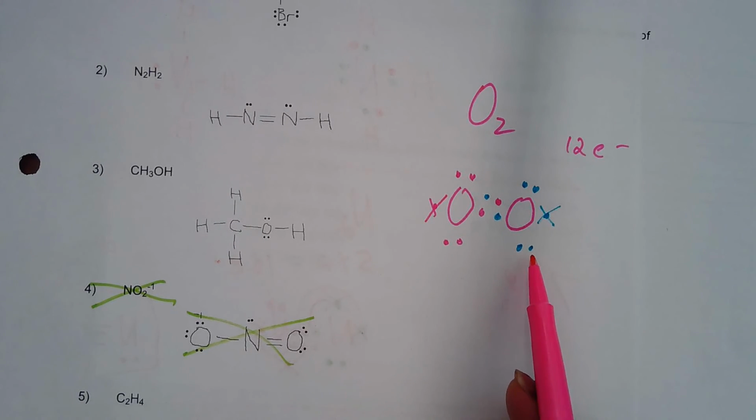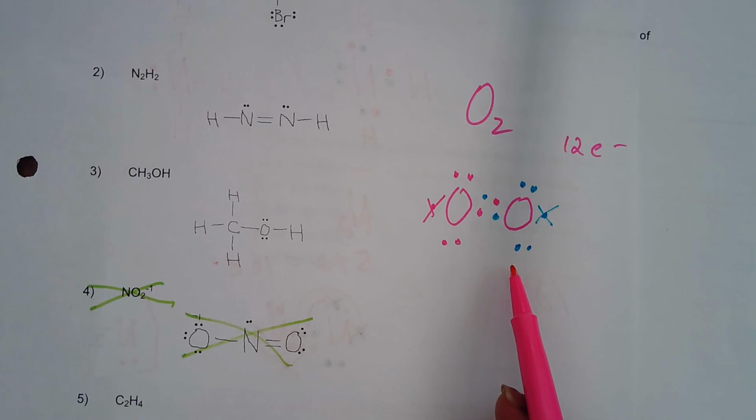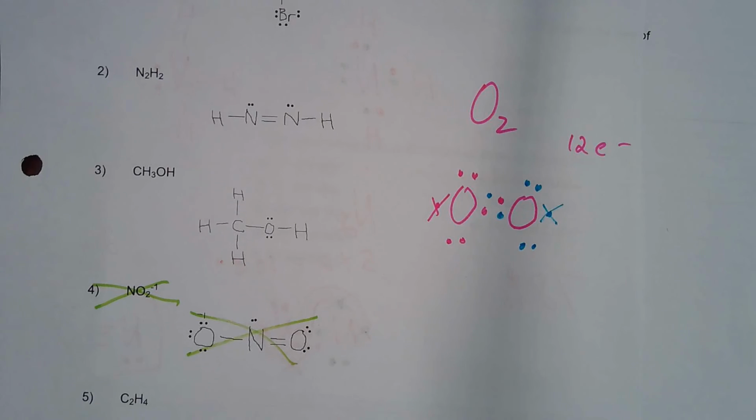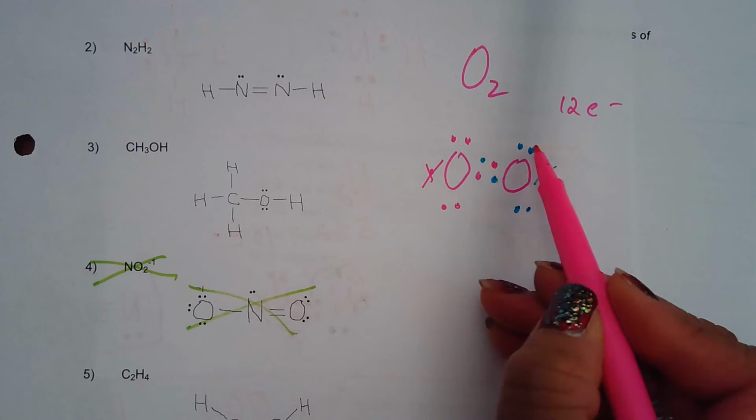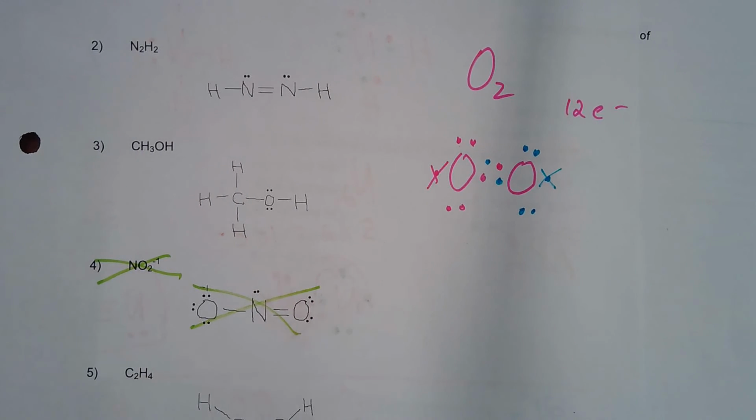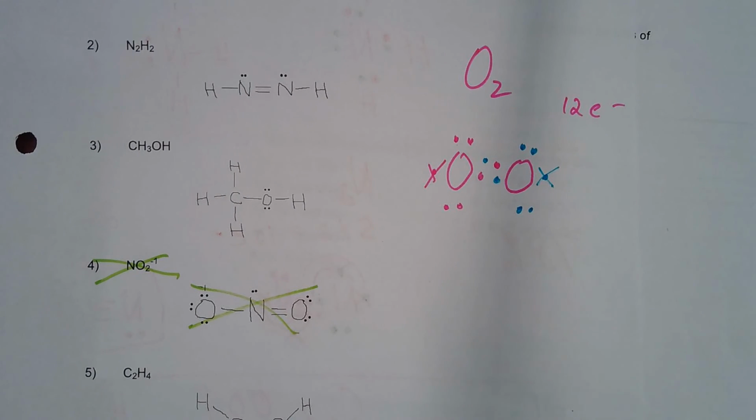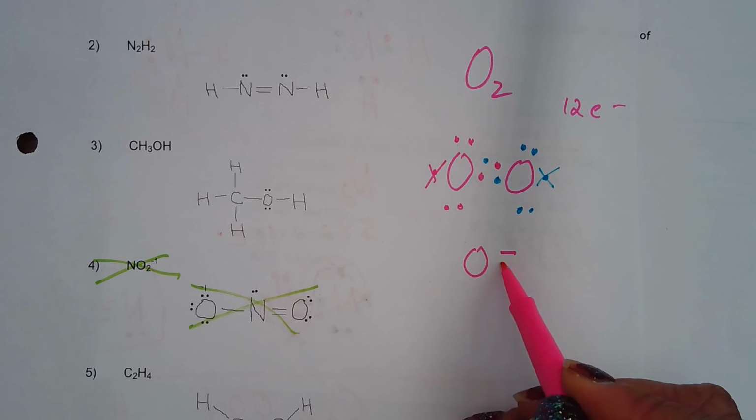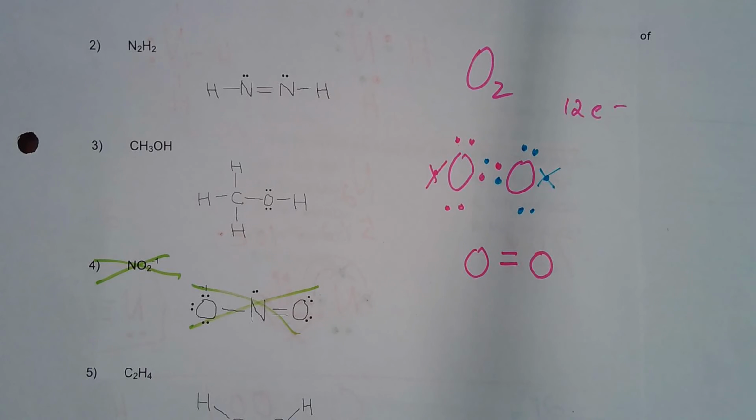But that's going to make this a single dot. That's going to make it very unstable. They're not going to do that. So they're going to stop. So these ones will remain on the outside as loose electrons. And you'll just have a double bond of oxygen with the dots on the outside.